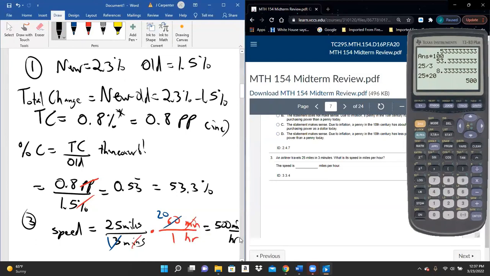The miles are in the top, the hours are in the bottom. In other words, 500 mph. The only time we ever abbreviate miles with just an m is for mph. Otherwise, m means meters. The true regular abbreviation of miles, for probably the 10th time this semester, is mi. So 500 miles per hour would be your answer.